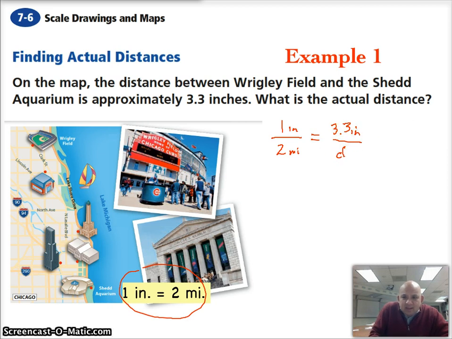If we go ahead then and cross multiply, we have 1 times d is d, 2 times 3.3, or 3 3/10, is 6 6/10. What would that be? It would be actually miles. 6.6 miles from Wrigley Field to Shedd Aquarium.